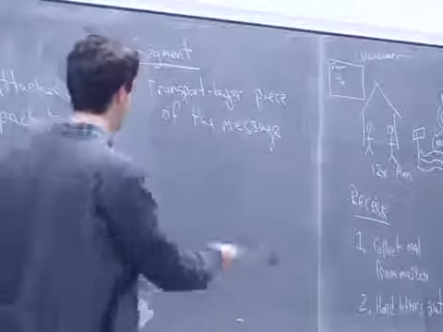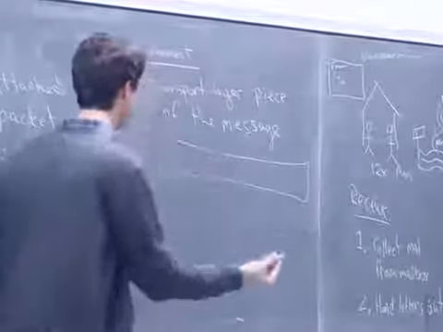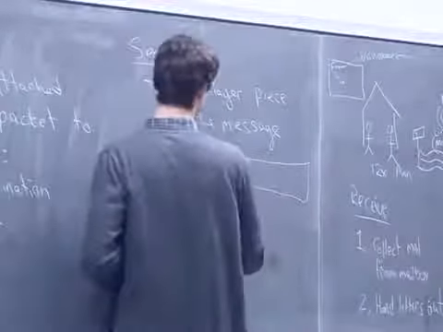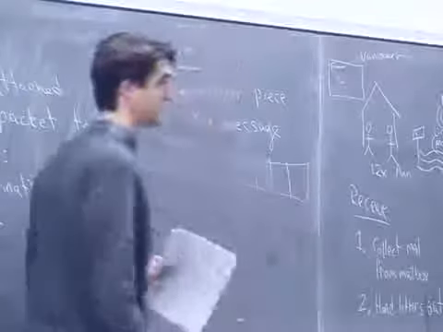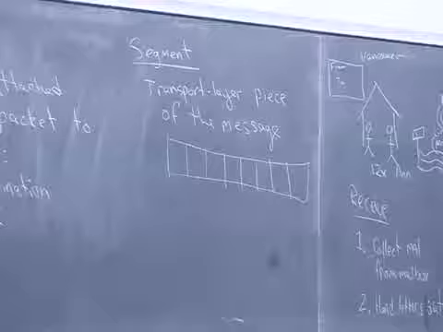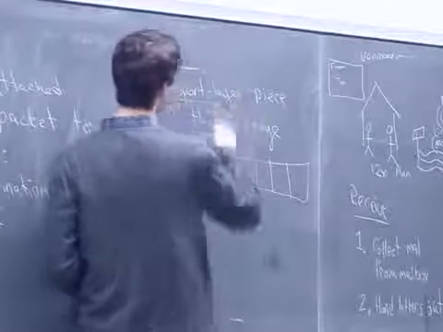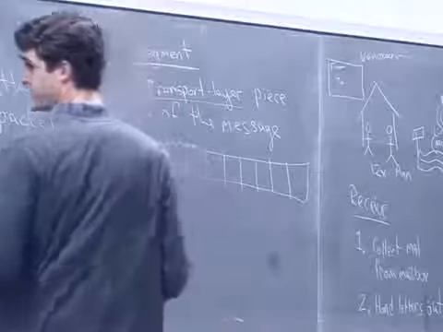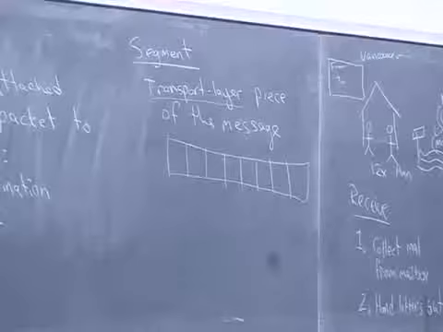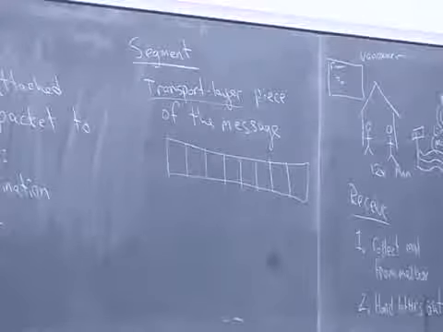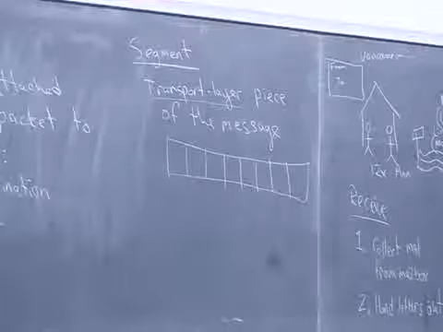So if you have some sort of message that's this many bytes long, then a segment is just a part of that, okay? And this terminology is only good for the transport layer. As I mentioned earlier, in the network layer, we call this type of packet a datagram. All right, so I know it's confusing. There's lots of jargon there, but this is what everyone uses, so we have to follow that.